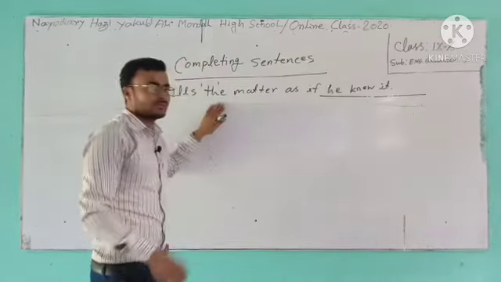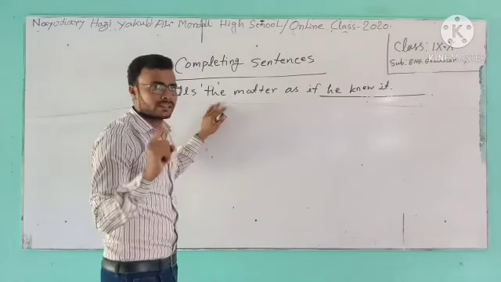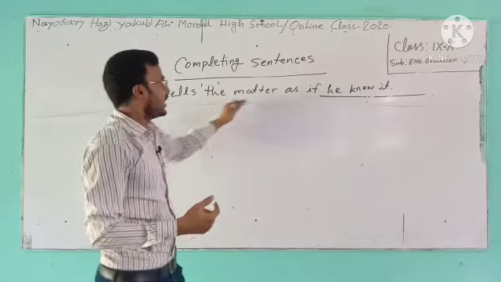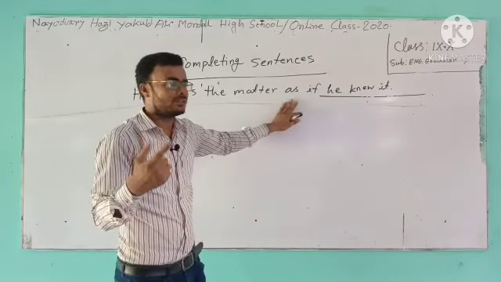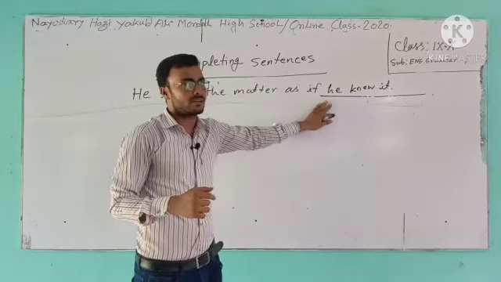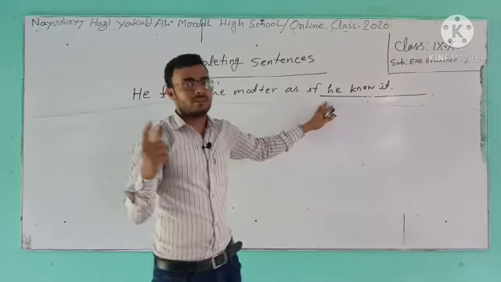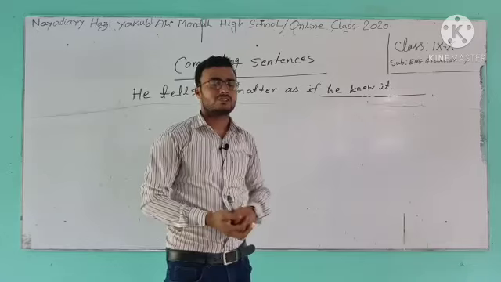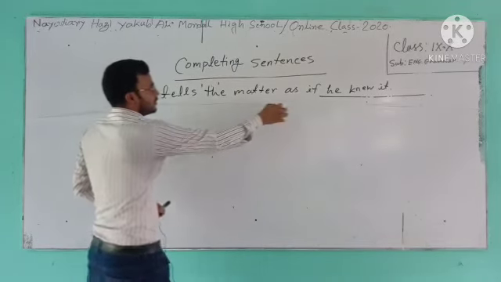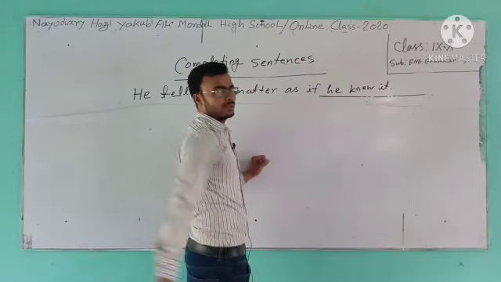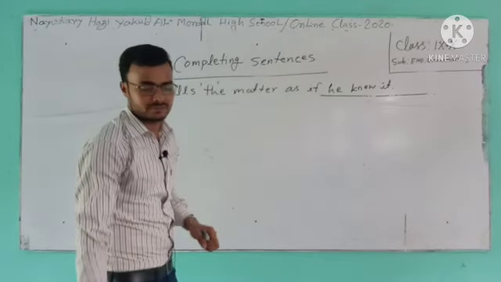So, from these examples, you will get a rule or structure. The structure is: after "as if" or "as though", you need to use a subject and the principal verb always in past form. Before "as if" is in present tense, after "as if" it will become past tense.